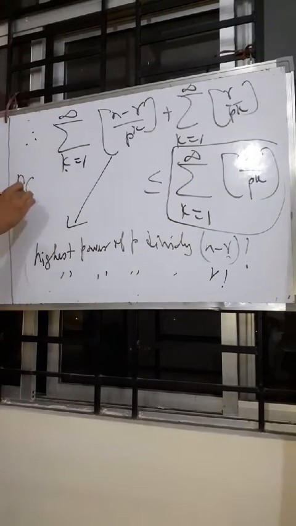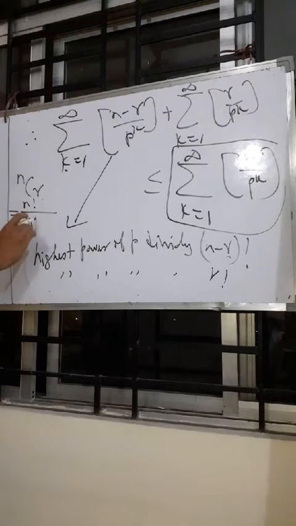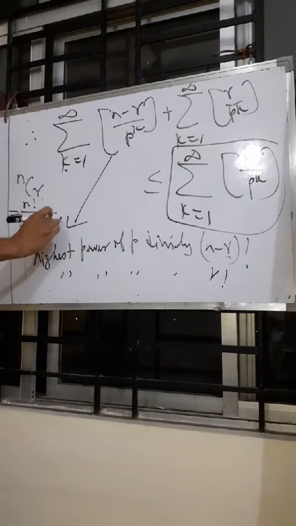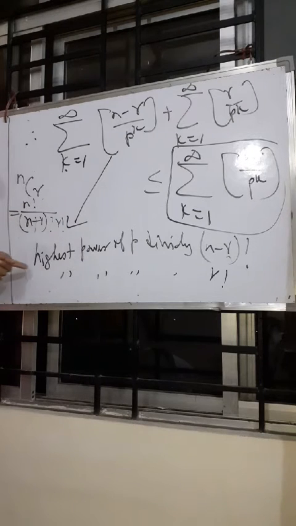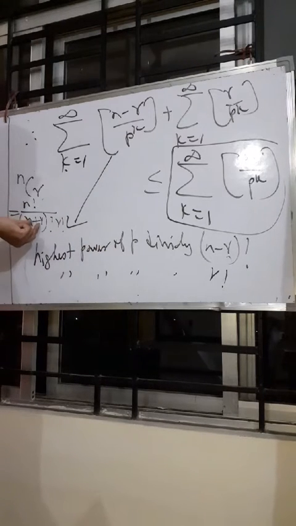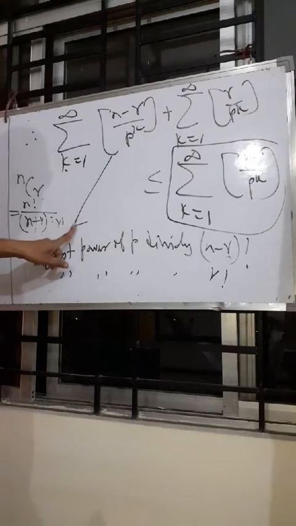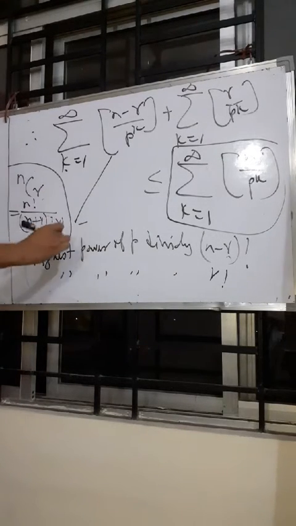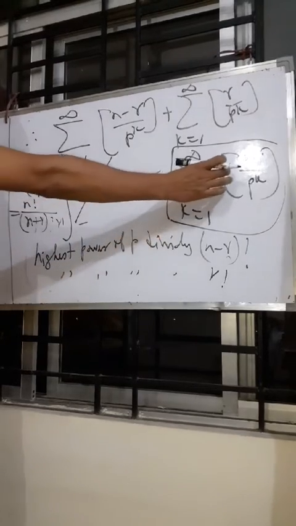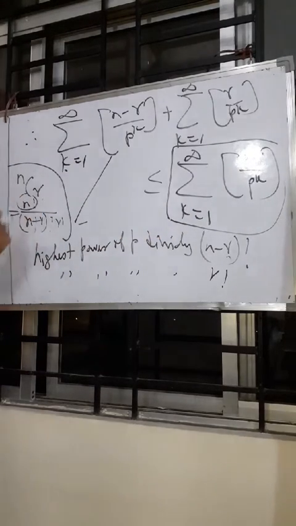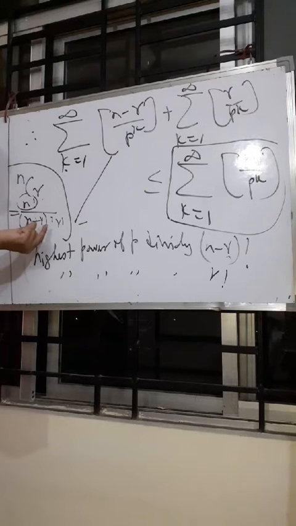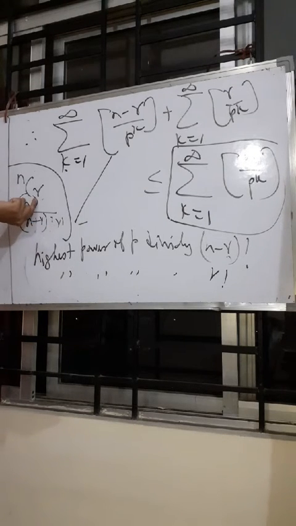So this number nCr is equal to factorial n divided by factorial n minus r and factorial r. So the highest power of p which divides this thing plus the highest power of p which divides factorial r is always less than or equal to the highest power of p dividing factorial n. So this happens for every prime. So if a prime divides this number, it will always divide this number. So that's why it is an integer.